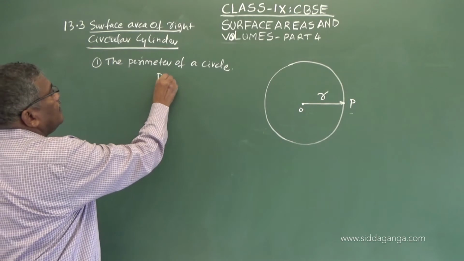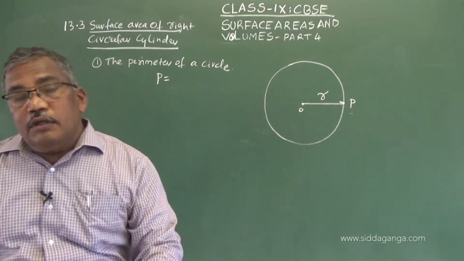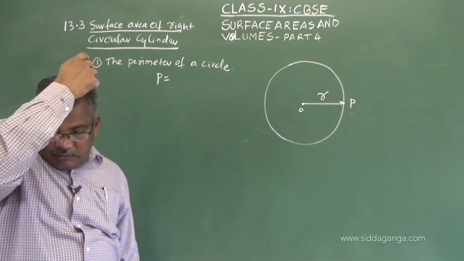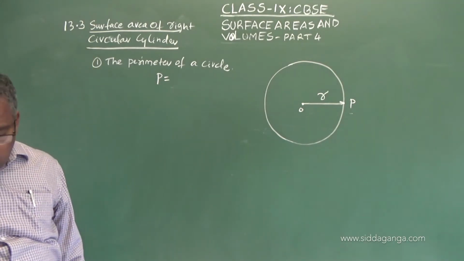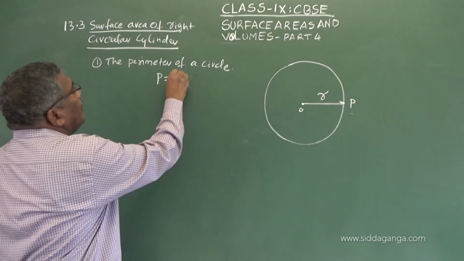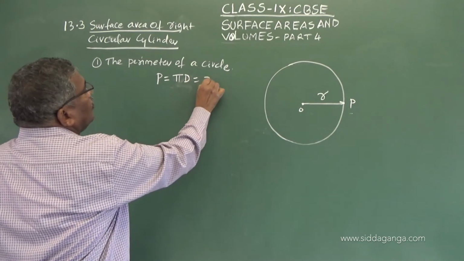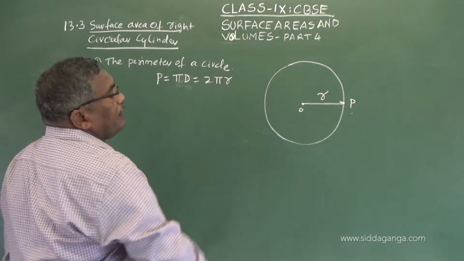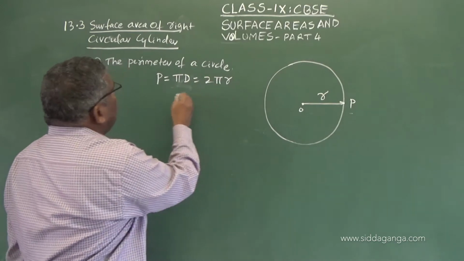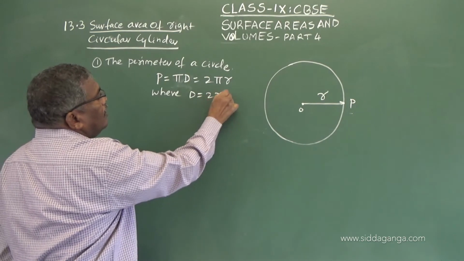So perimeter is given by the formula. See, what is the perimeter? So we call it as pi into d, or it is 2 pi r. Where d is the diameter, where d equals 2r.